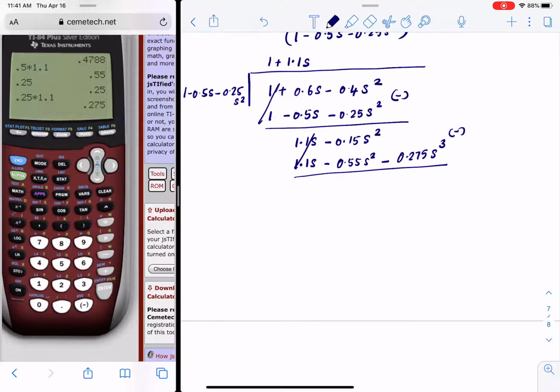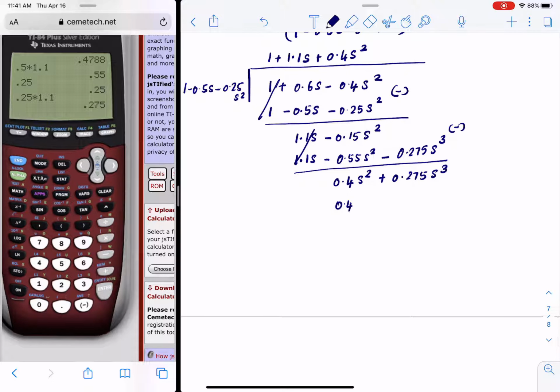Subtract, and we would have 0.4s squared plus 0.275s cubed, and 0.4s squared minus 0.2s cubed minus 0.1s raised 4.